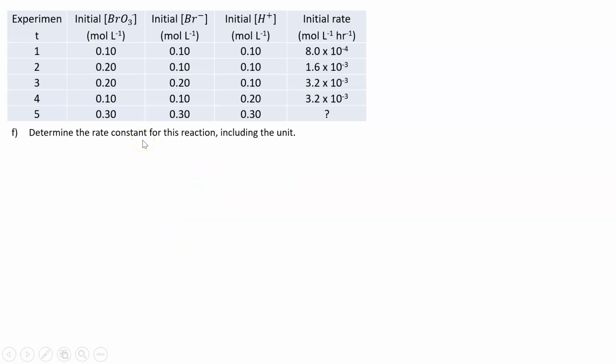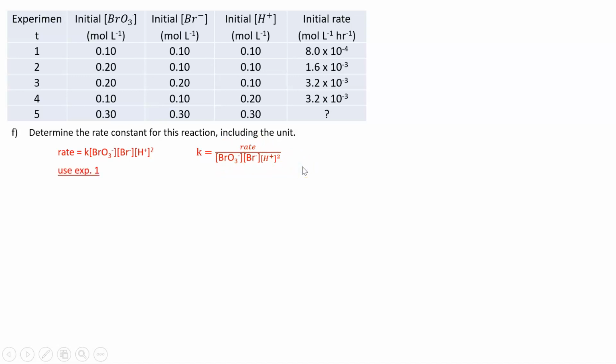And then part F, determining the rate constant for the reaction, including the unit. First, our rate equals K times BrO3 minus times Br minus times H+ squared. And we know we can rearrange that so that we can solve for K. K equals the rate divided by those factors there.